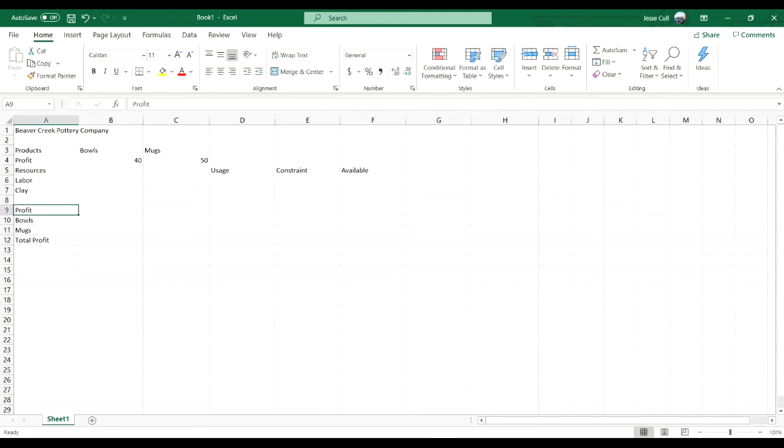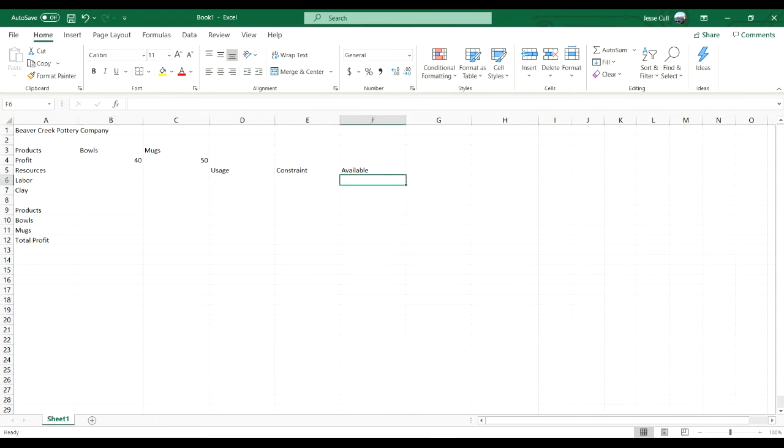Sorry, this isn't profit, that's my mistake, this is products. So now, we've essentially set up the question the way we need it to be set up to allow the solver to eventually compute how many bowls and how many mugs we'll produce. So let's begin entering the valid information that we have.